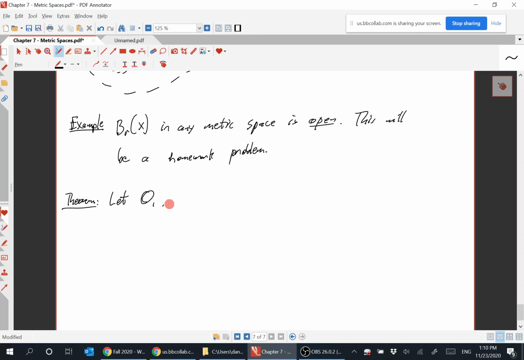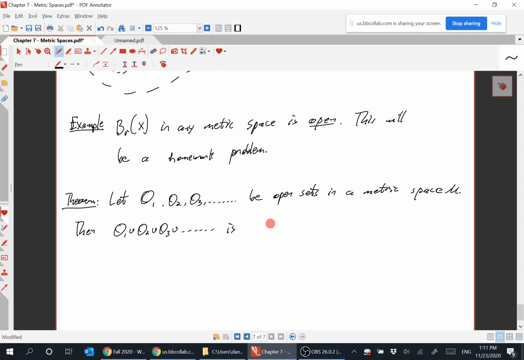Let O1, O2, O3, and so on all be open sets in a metric space M. Then the union of all those sets is still open.